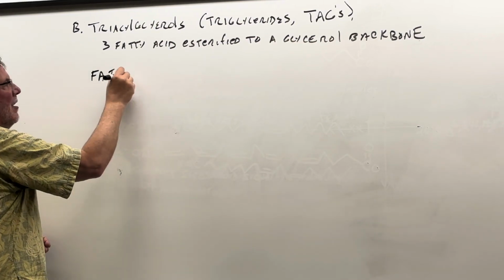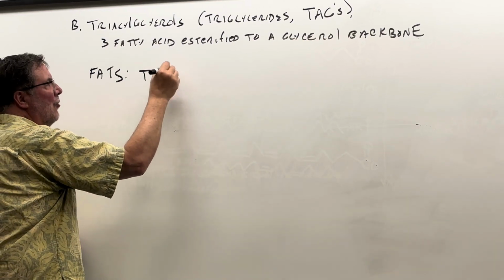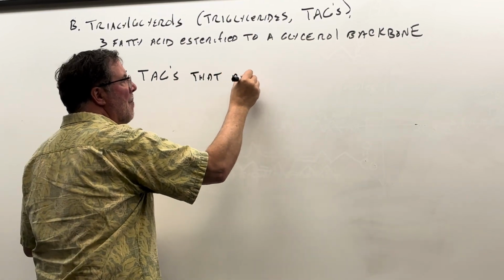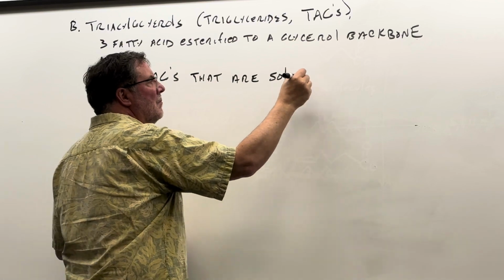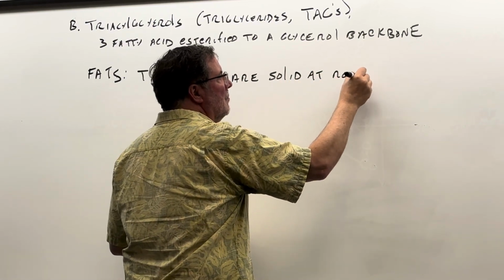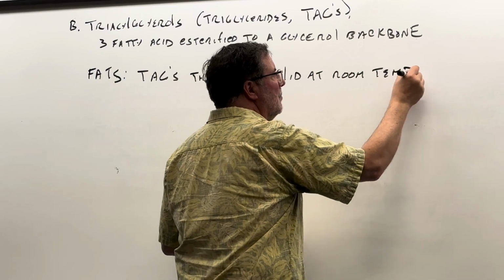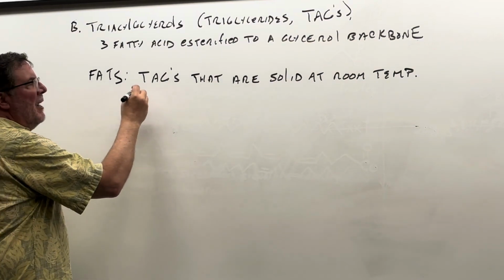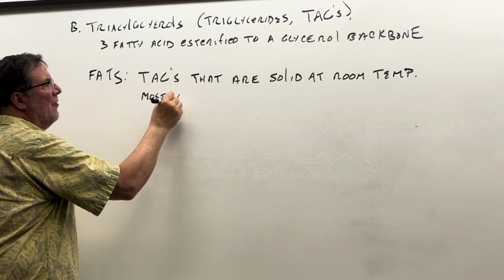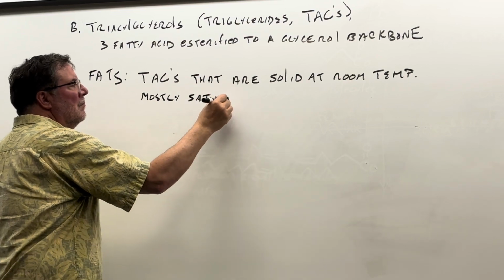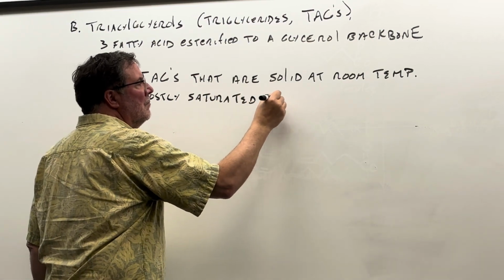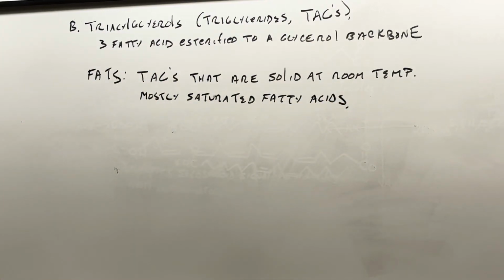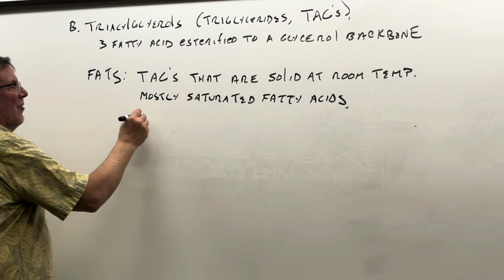So fats are triacylglycerols, TAGs, that are solid at room temperature, which means they have mostly saturated fatty acids. You tend to find them common in animal fats.